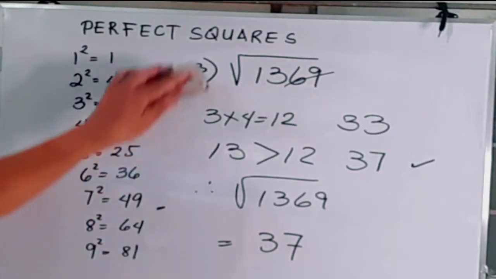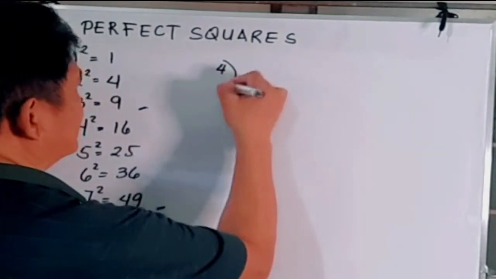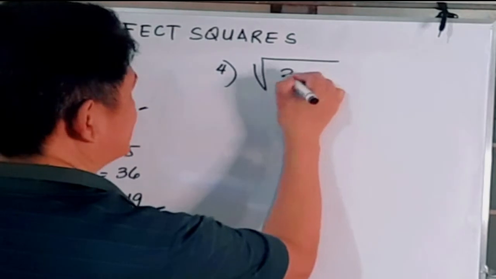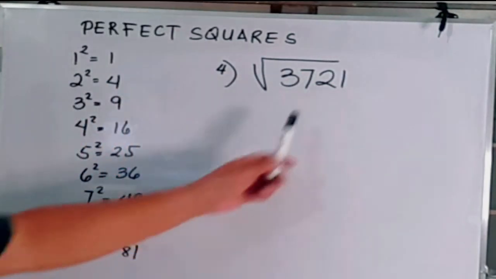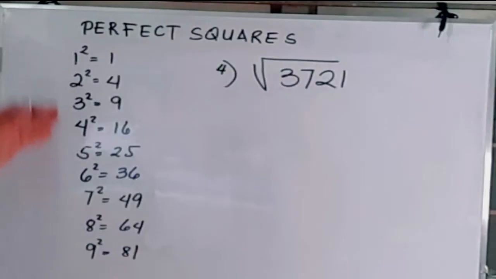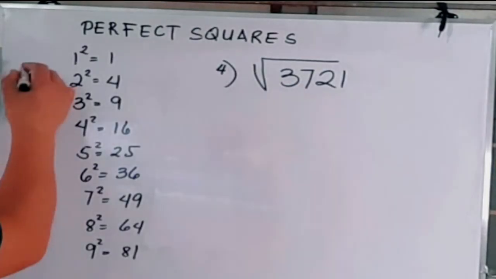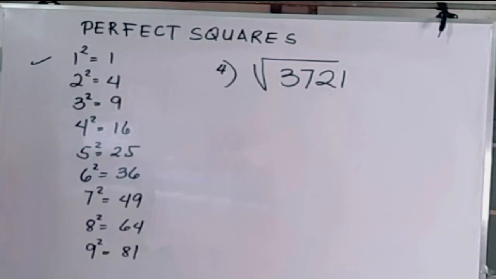One more example. Let's get the square root of 3721. So your last digit is 1. From our reference numbers, you have 1 squared is 1 and 9 squared is 81. That means the last digit of our answer is either 1 or 9.